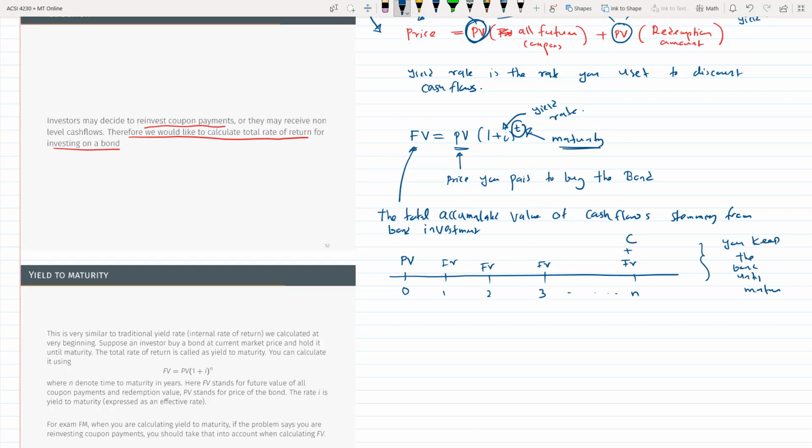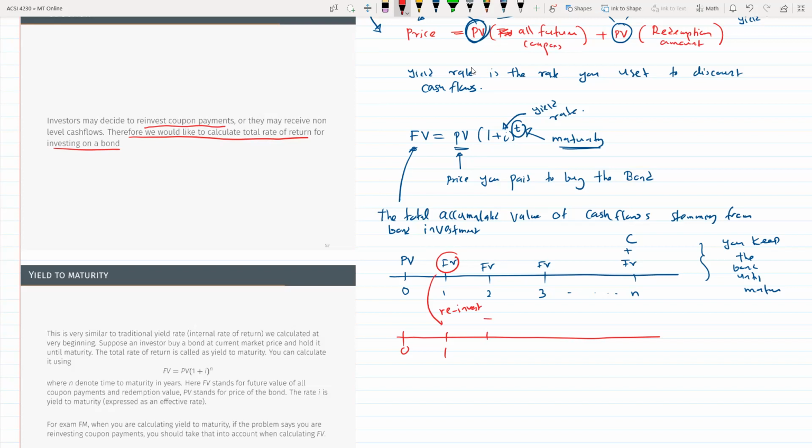Then you can tweak this investment a little bit. You reinvest the coupons in a bank account.